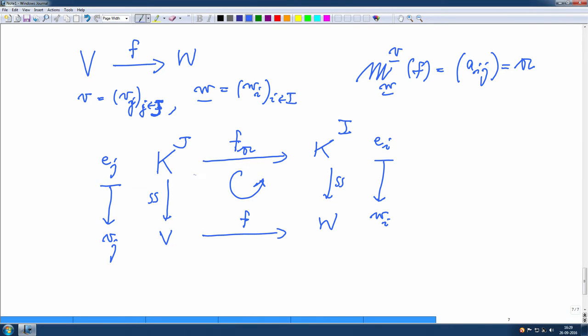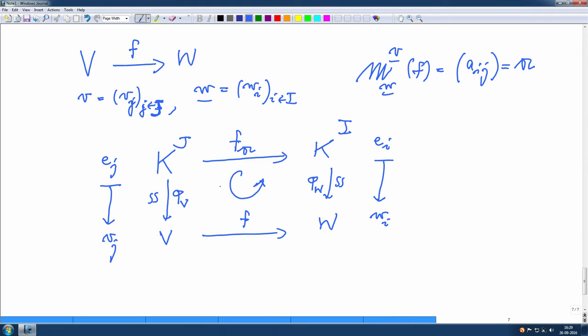So, this diagram is commutative. This means you go from here to here and then from here to here, and the result is the same. Let me give names: this is phi_W and this is phi_V. This map, which is an isomorphism, sends Ej to Vj, and this map sends Ei to Wi.